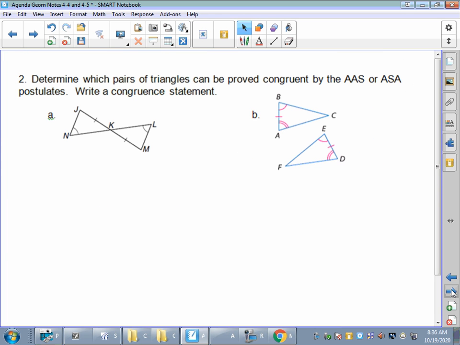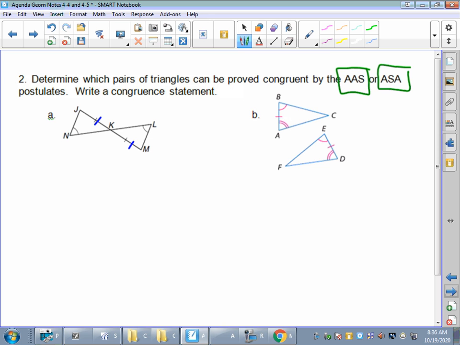All right, so a couple more then. Determine which pair of triangles can be proved congruent by either angle, angle, side, or angle, side, angle. Write a congruence statement. So in letter A, hopefully you're flipping back, thinking to example C just now. Notice I've got JK is congruent to KM.